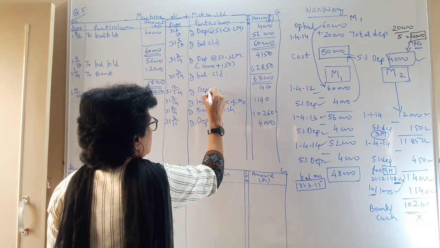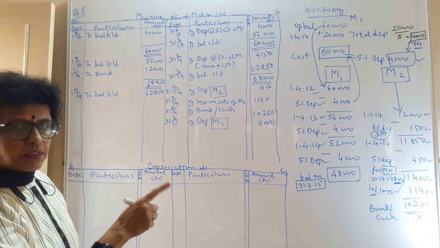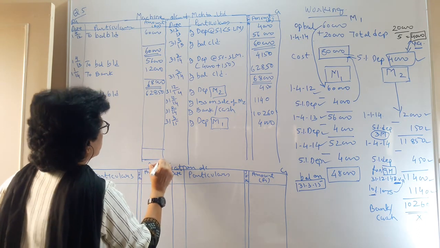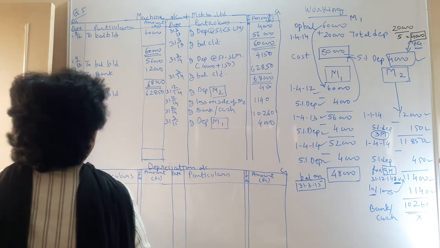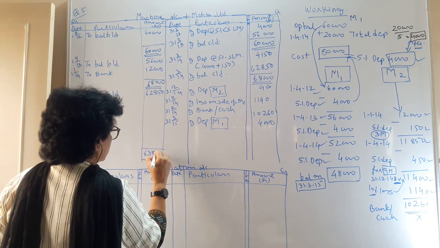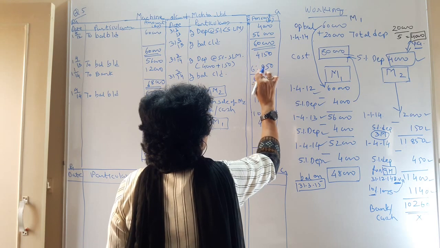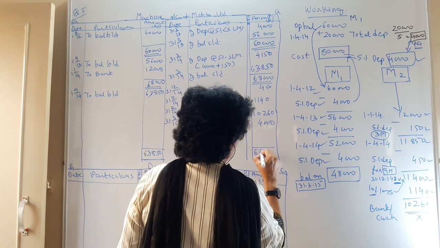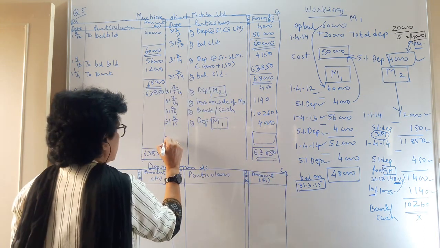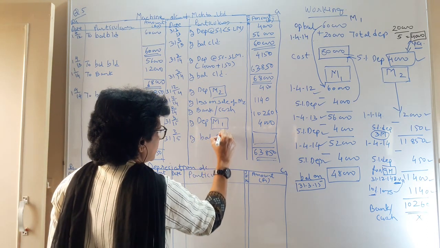So in this example, we have charged depreciation for both the machines separately because you have sold the machine during the year itself. So now we have to close the account. So the total is going to be 63,850. Find the difference. The difference going to be 31st March 15, that is by balance carried down.